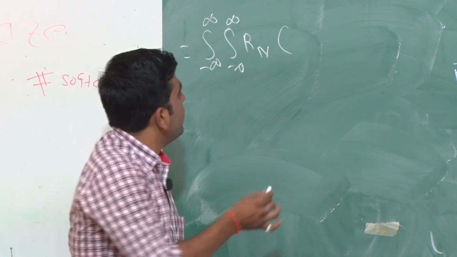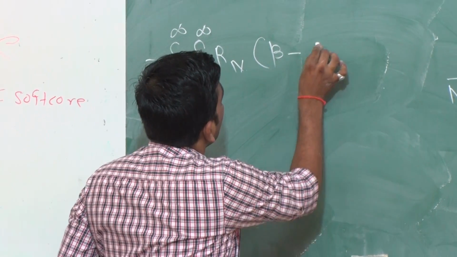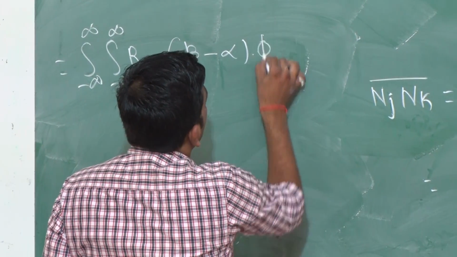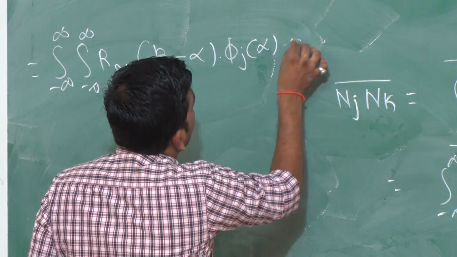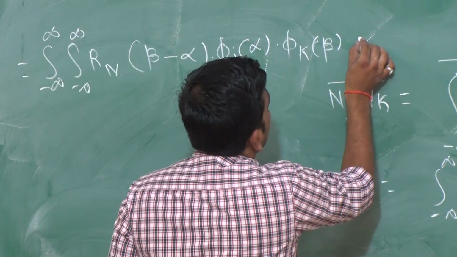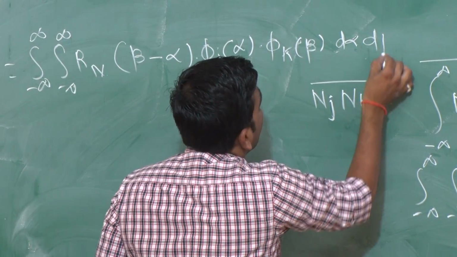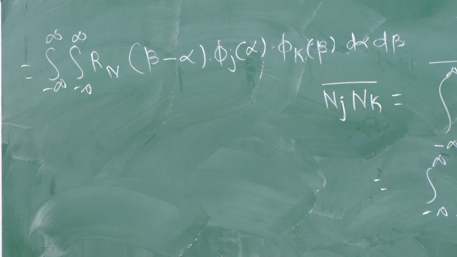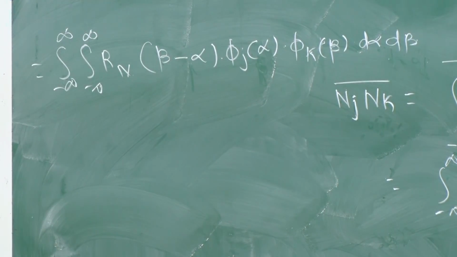Here this will be given as R_n of beta minus alpha into phi_j of alpha into phi_k of beta d alpha d beta. Is it clear? Are you getting?